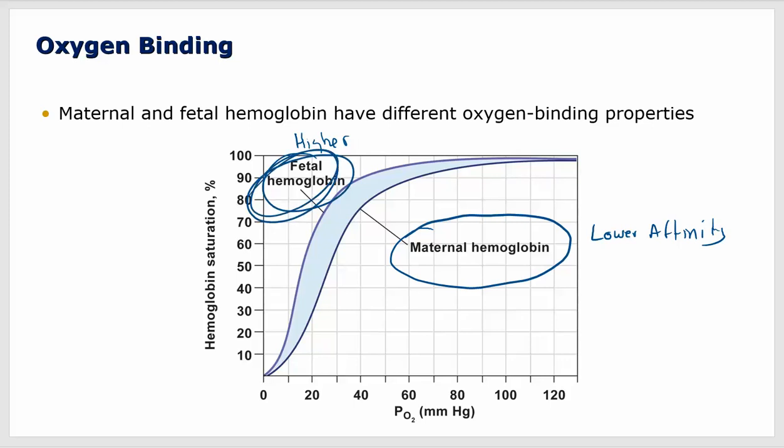And that's convenient because mom and baby don't share blood, but it's close together, so the fetus will take the oxygen and bind it more tightly than mom. So the baby or fetus gets more oxygen.